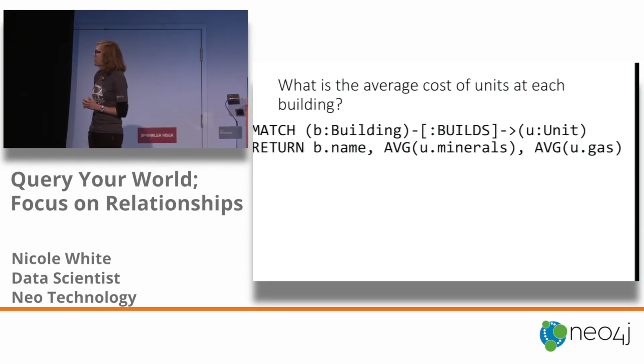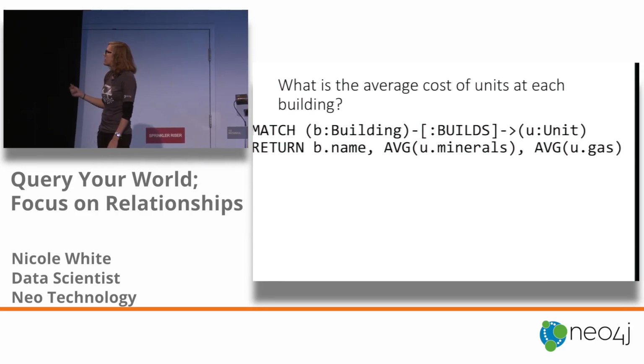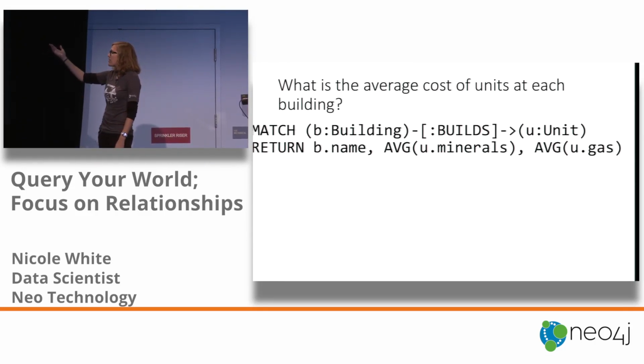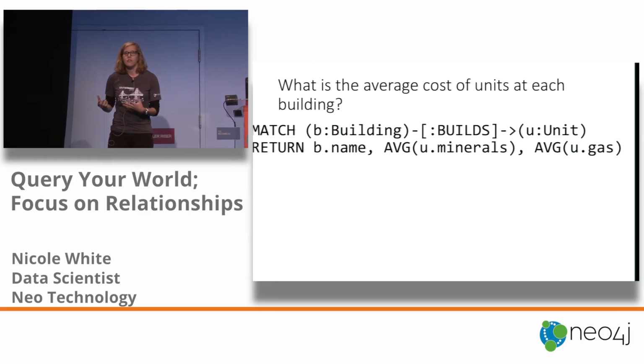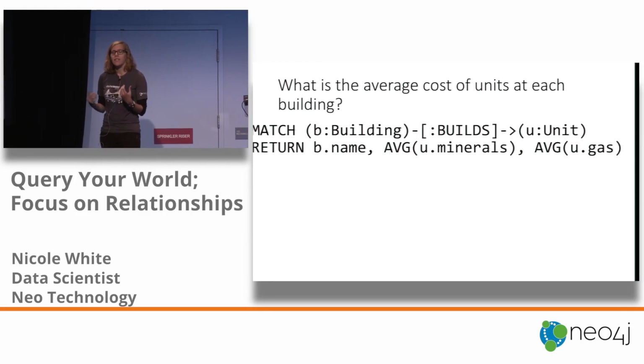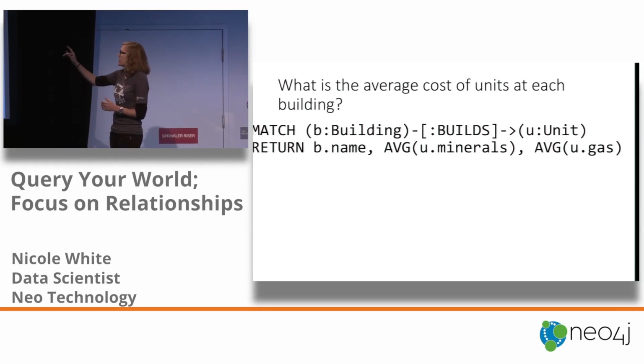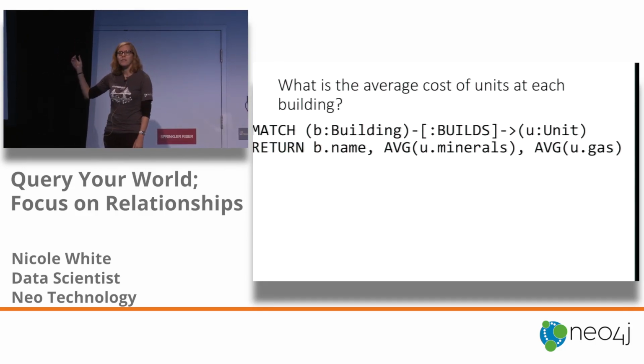So here we have the same match clause, we're matching on a building with outgoing builds relationships to a unit. Notice we've left off the identifier on that builds relationship. We don't need it, so there's no sense in binding it to an identifier. But we do need the building and the unit bound because we're going to use that in the return clause.